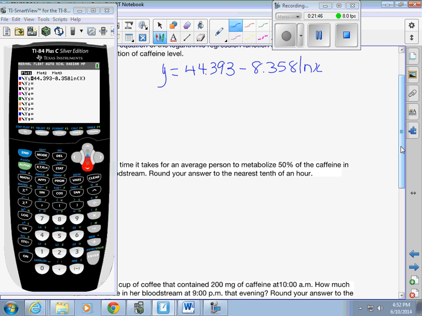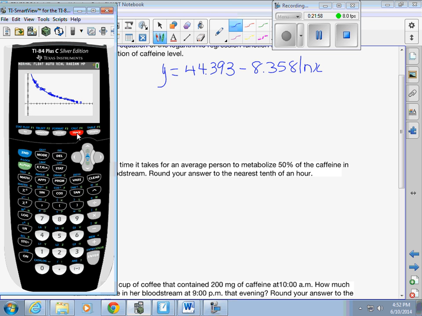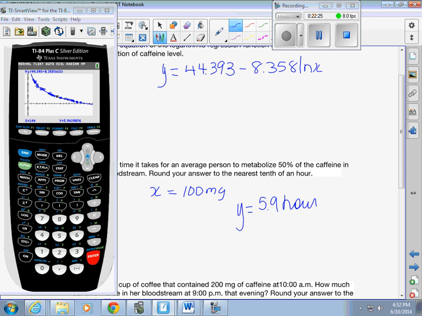So what we need to do then is we can graph it, and then we can calculate. Oh, it's still drawing it. So I want to calculate. There we go. The value, so when x is equal to 100 milligrams, .9, so y is equal to 5.9 hours.